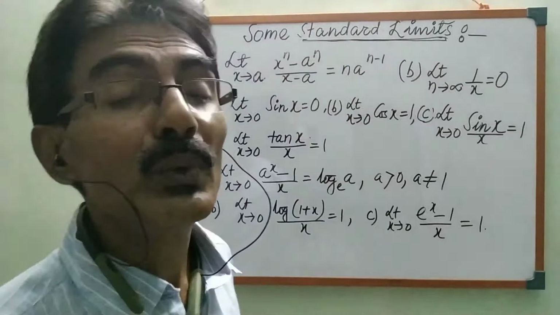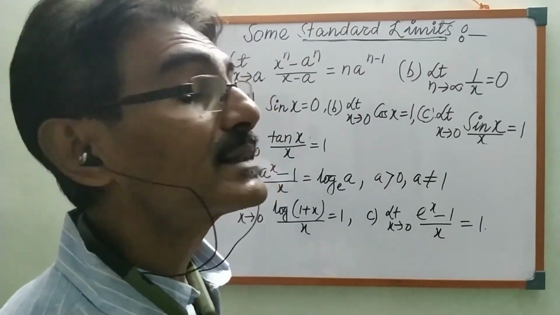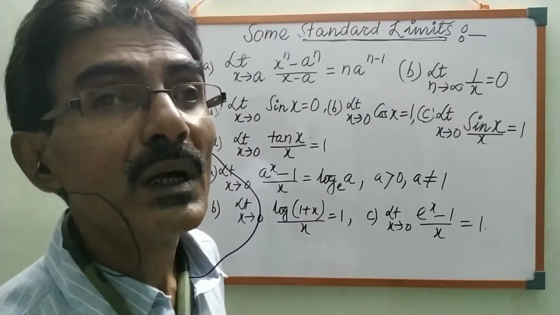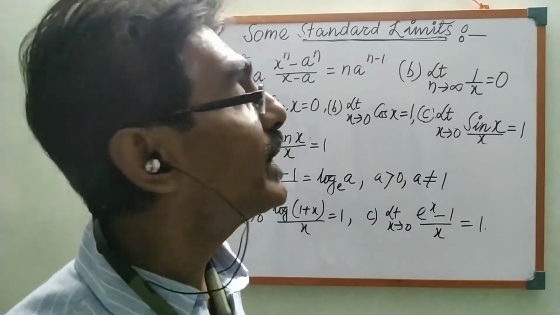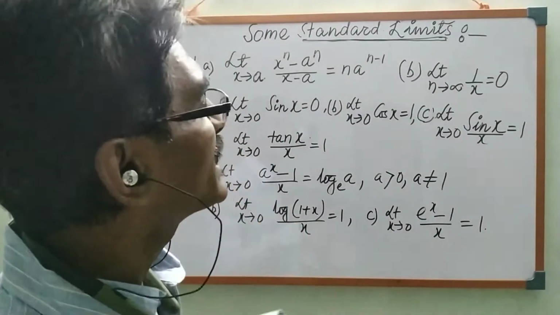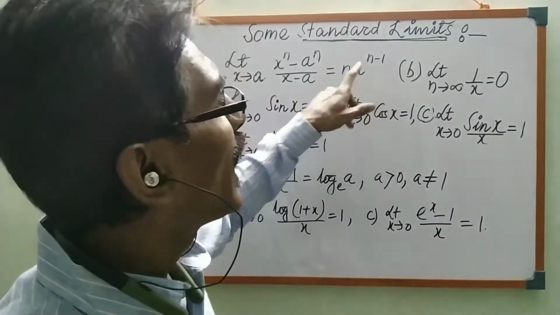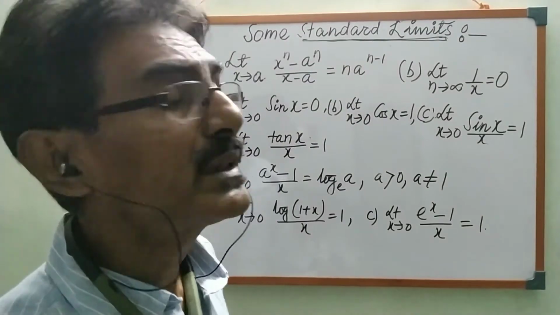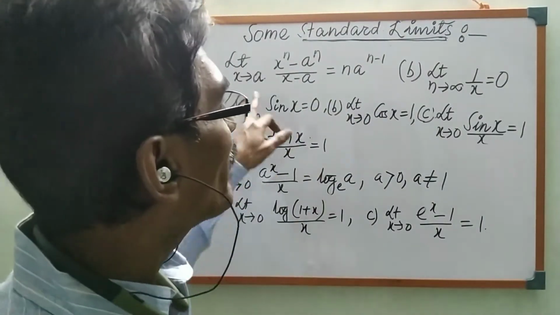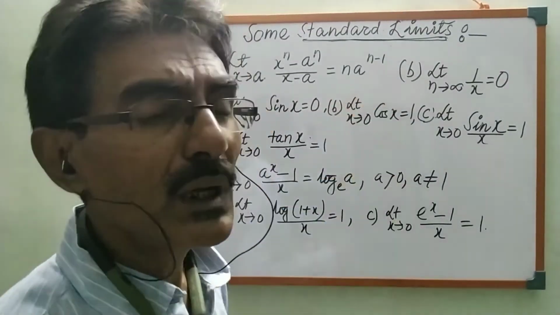The derivation of this formula is very interesting, though the derivation of all the formulas is beyond your exam viewpoint. But this theorem's proof you will be able to understand after the binomial theorem. So I am not going to discuss this one now.